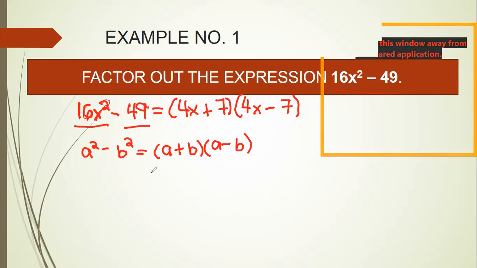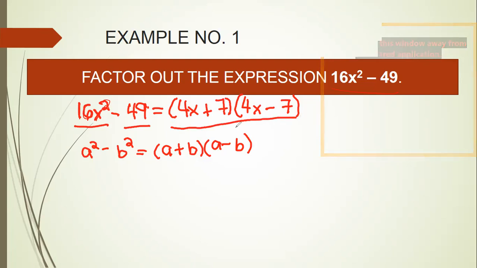So which means our answer for this item is 4x plus 7 and 4x minus 7. Okay, so questions? Okay, let's proceed.